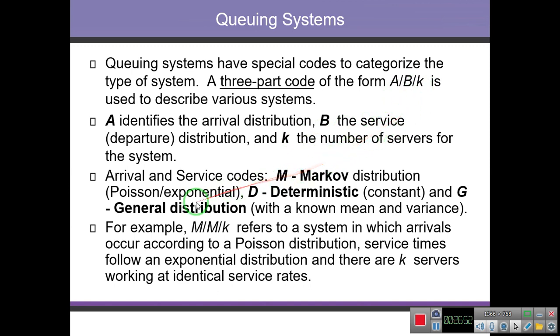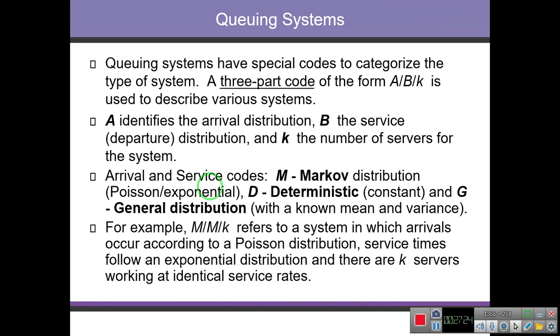So, for example, if the arrivals and the service follow what we call a Markov distribution, this is new. You've never heard the word Markov in this class up until now. I don't think we're going to get to that chapter. But if you hear this, the Markov system assumes both a Poisson arrival and an exponential service, which is exactly what I told you before.